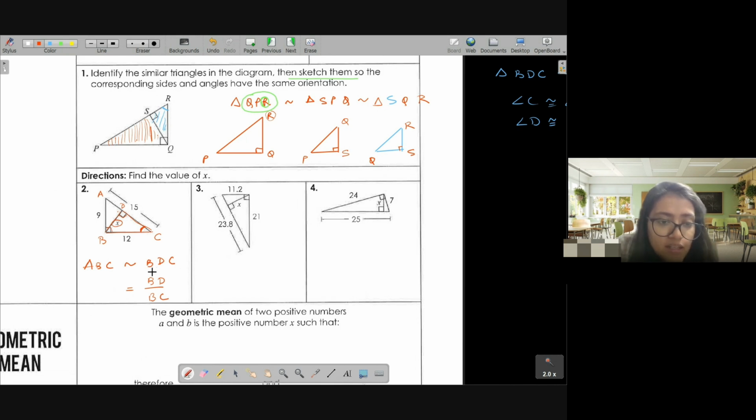BD corresponds to AB, and BC corresponds to AC. Now take the values: AB is 9, AC is 15, BD is X, and BC is 12. That will give you the value of X.